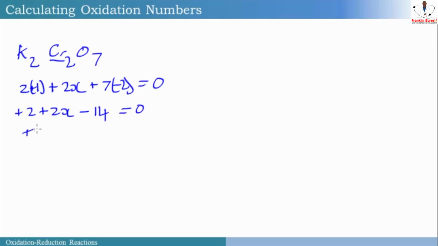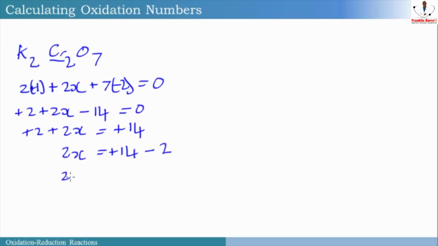So we'll say +2 plus 2X equals, and we bring the -14 over to become +14. And then we have 2X equals +14 minus 2, because we bring this +2 over to become -2.